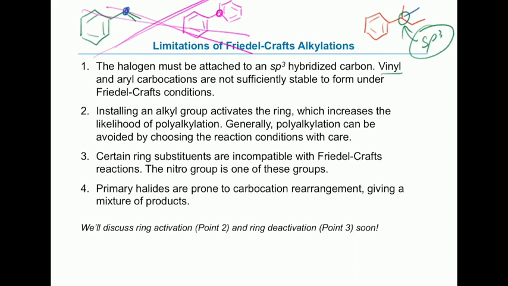The other thing about this too is it installs alkyl groups on activated rings. Now remember we talked about this before. If I took benzene and I put nitro on it, what do you think it does to the relative nucleophilicity of benzene? Is that ring as nucleophilic or less nucleophilic than you started off? Yeah, it's an electron withdrawing group.